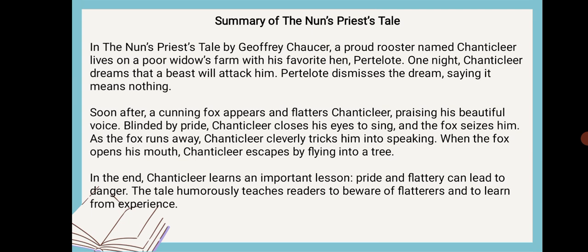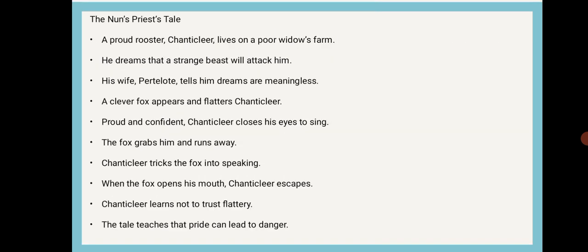So on your screen now, I have the summary of the poem, and I'll advise that when you get here, you pause the lesson and read through the summary. But I'll explain the summary using these bulleted points. The whole poem is set on a poor but content widow's farm.